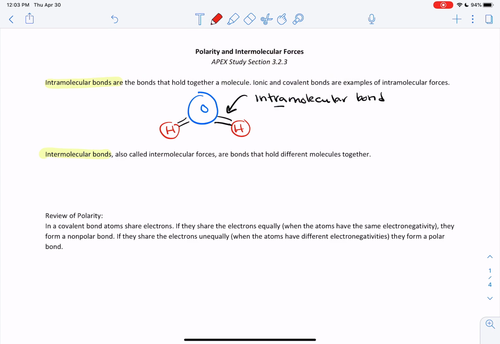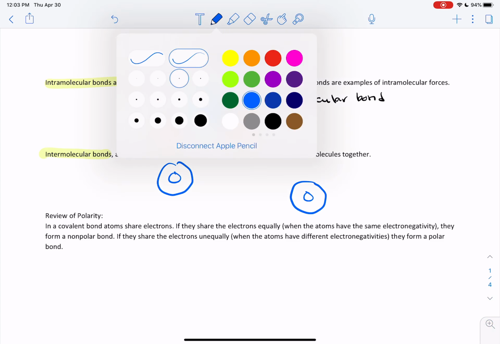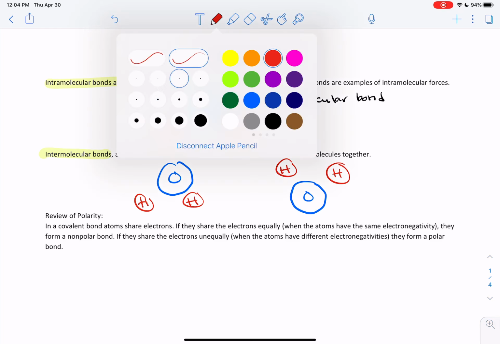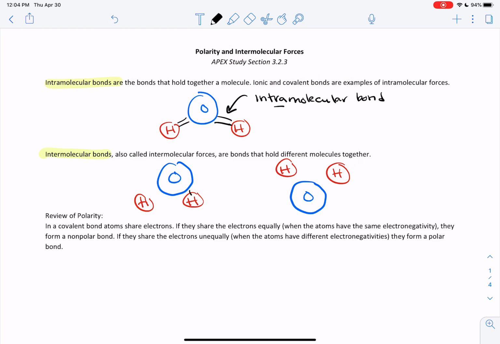So intermolecular forces, also called intermolecular bonds, are bonds that hold different molecules together. So you need to have two different molecules in order for this to work. Okay, so here I'm going to draw two water molecules. These water molecules still have these intramolecular bonds.